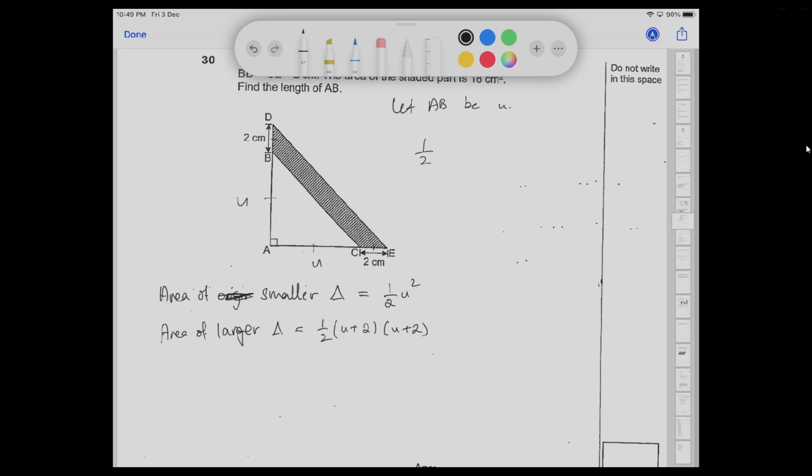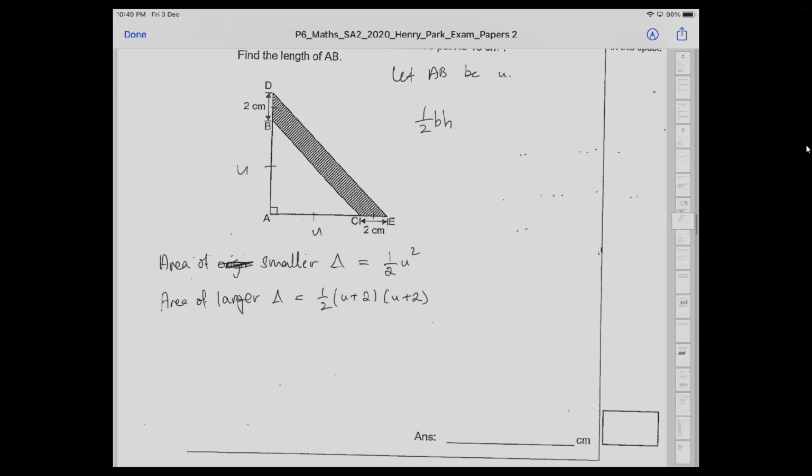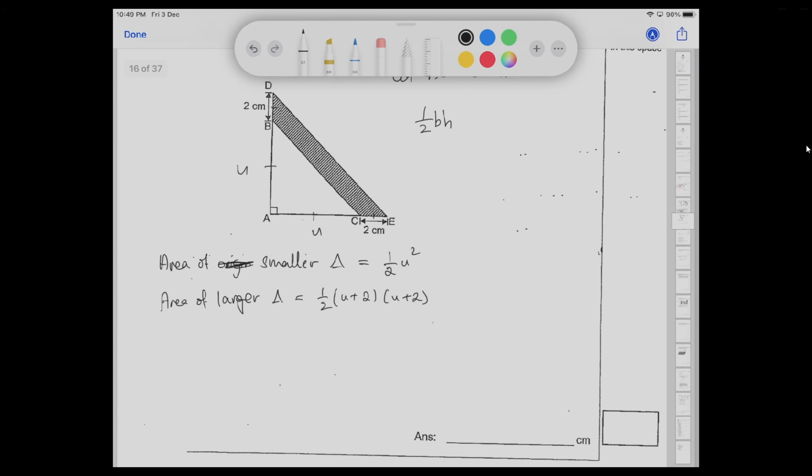We learned that the area of a triangle is half base times height. That's essentially the formula, but it's now U plus 2. So the area of the shaded part is 18, and we find the length of AB. So this means that half (U plus 2) squared minus half U squared equals 18.